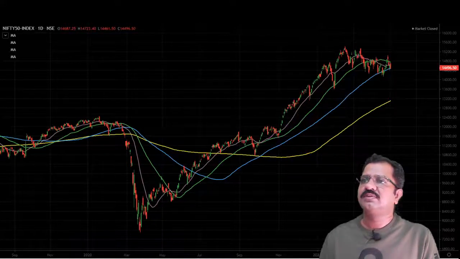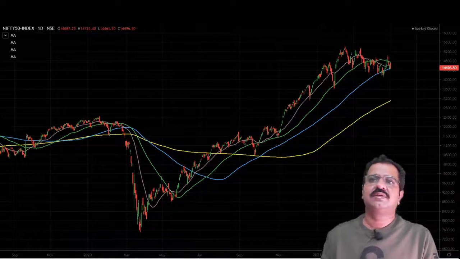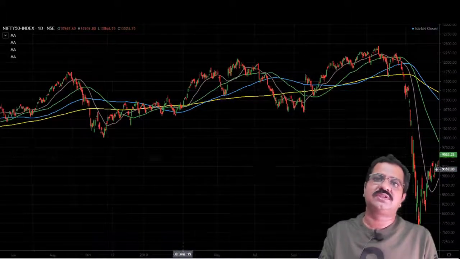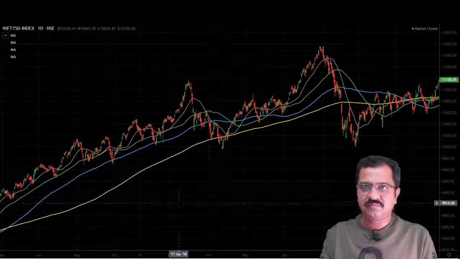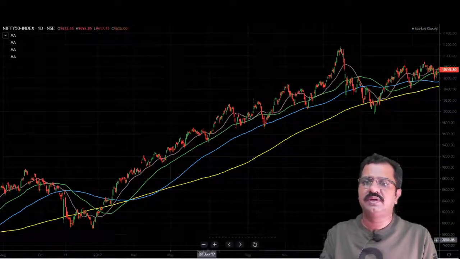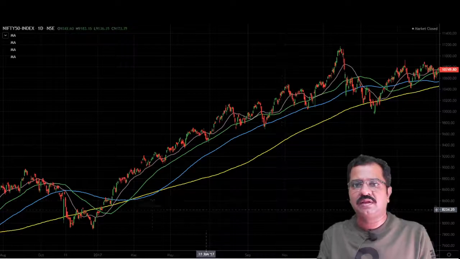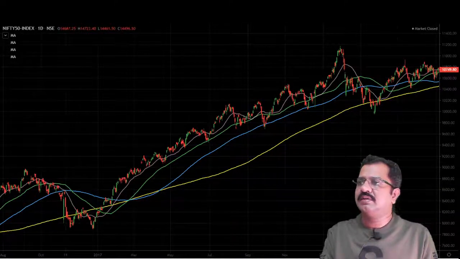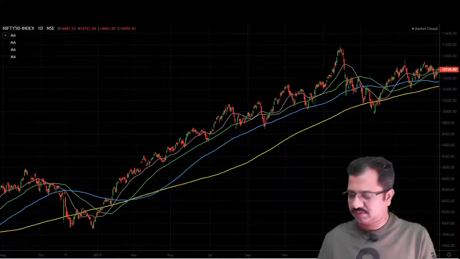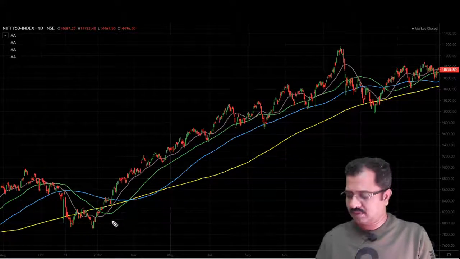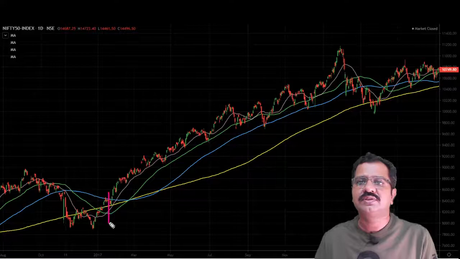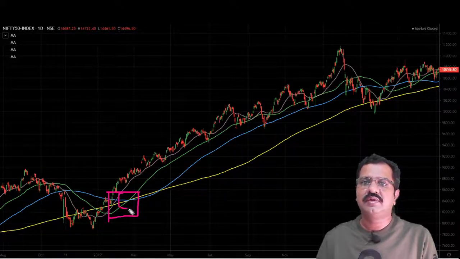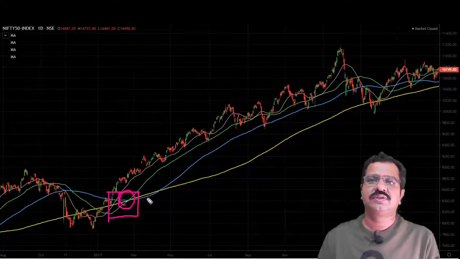Now this is Nifty. We'll try to see in the past how it behaved. You also do exercise on many different charts. See here, somewhere at the start of 2017, here all the moving averages were together, right, they were near to each other.